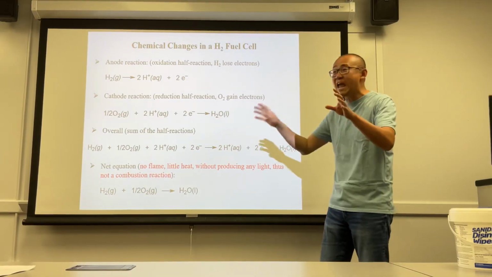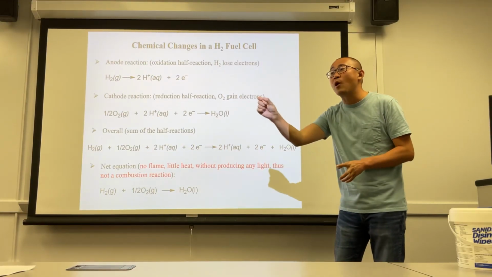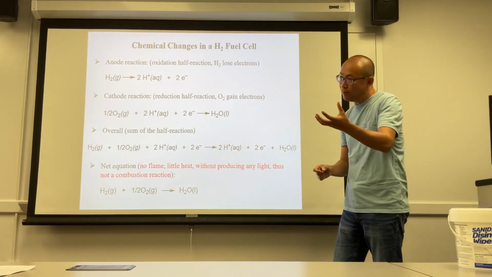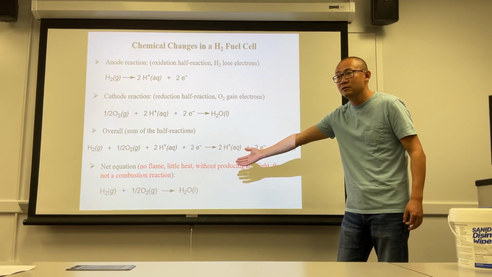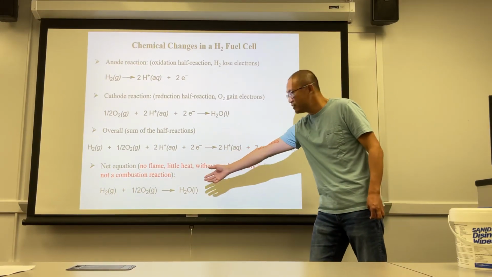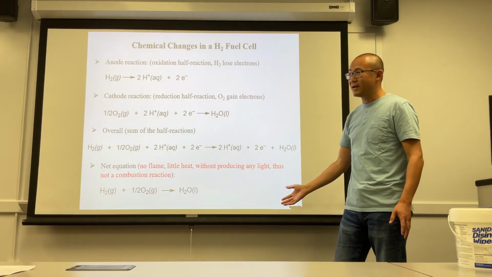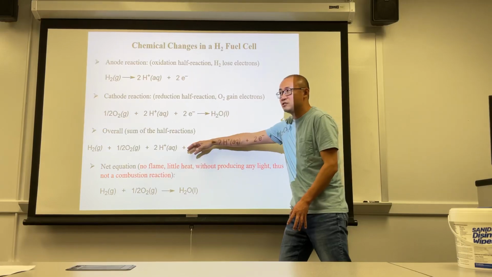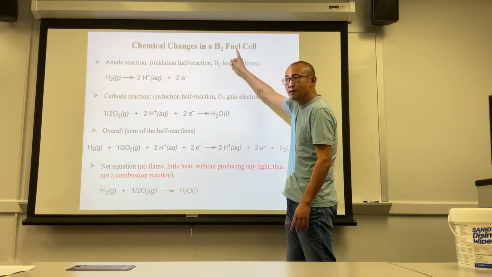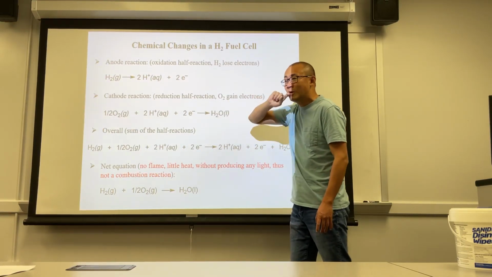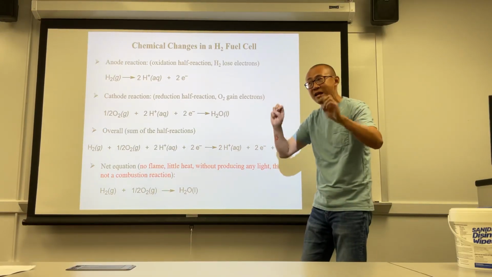This is the same reaction as if you burn hydrogen. If you have a hydrogen balloon, you burn it. This is the same reaction. Hydrogen reacts with oxygen to give water. But, like I said, these half reactions happen inside a fuel cell. So we're not technically burning it.